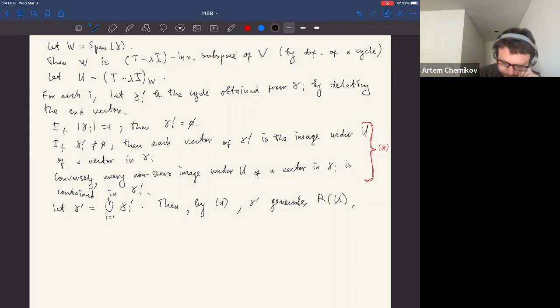Also, we have that the size of gamma prime is going to be n minus q. How do we get this? Gamma prime is the union of gamma i prime, but each gamma i prime has a size which is the size of gamma i minus 1, because we are removing a single vector, the nth vector of gamma i. Since there are q of them, this is how we get n minus q.